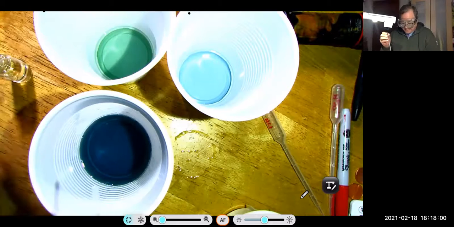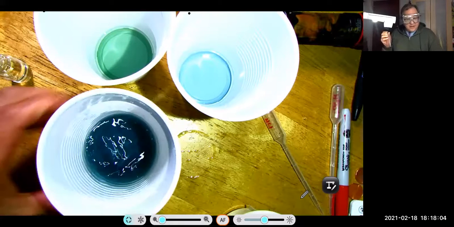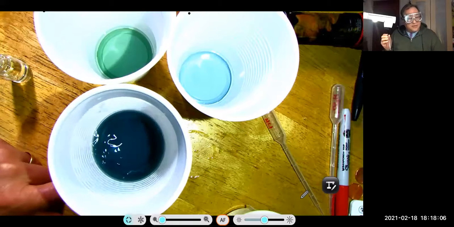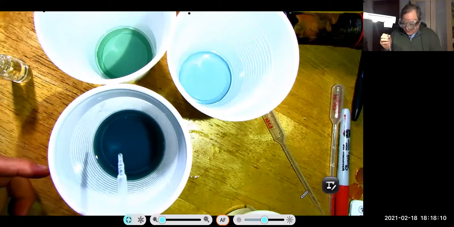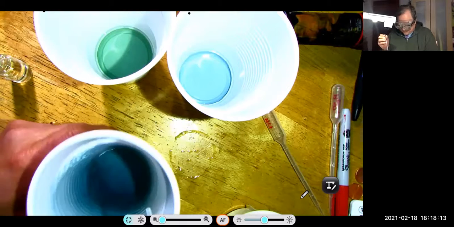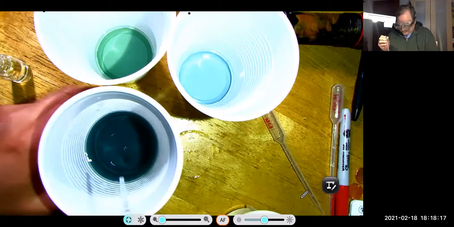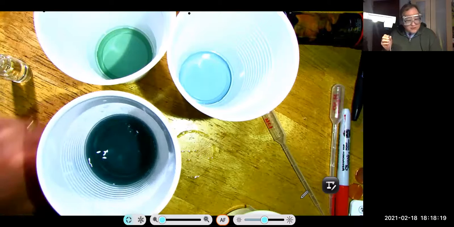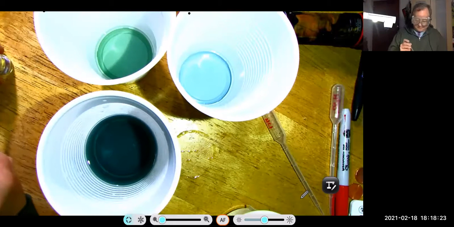So here's 1 drop. And can you see that the color doesn't really look like it's changed? Here's 2 drops. 3. And now I can tell it's starting to change color, but it's still tough to tell.